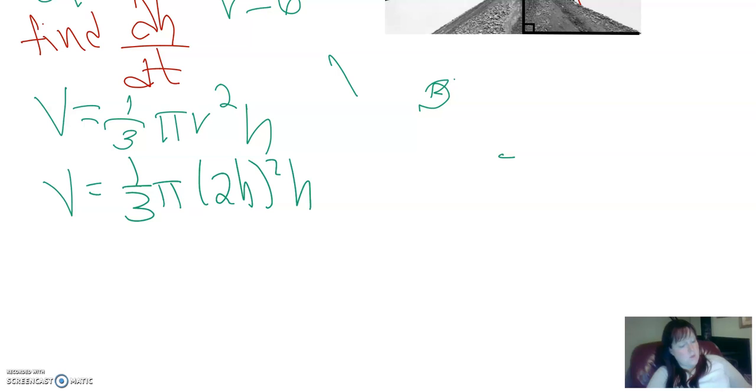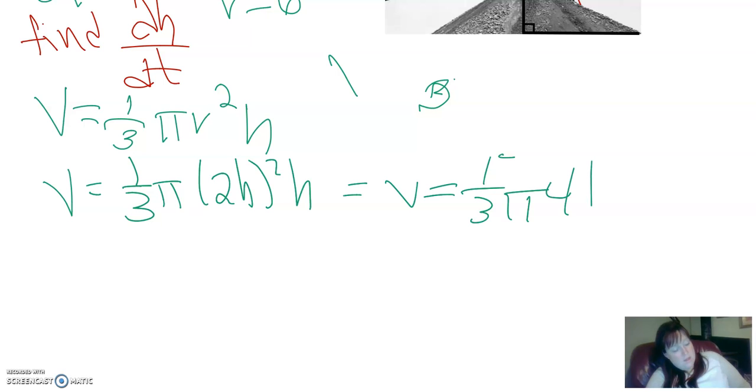That means volume equals 1/3 pi times 4h cubed. Now we only have one variable to differentiate on the one side and one variable on the other side. That's so much easier.